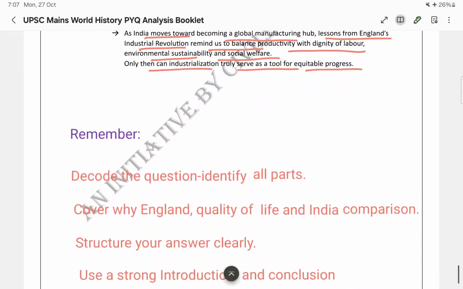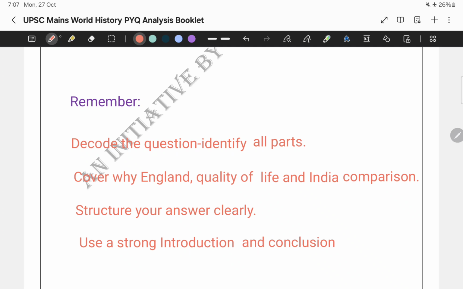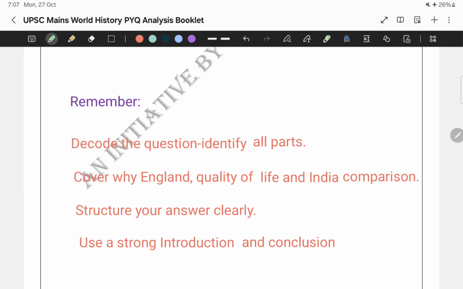But again, before ending this particular question, the one thing that we have learned from here is to decode the question and identify all parts. That's why I am repeatedly saying the same thing: read the question twice.